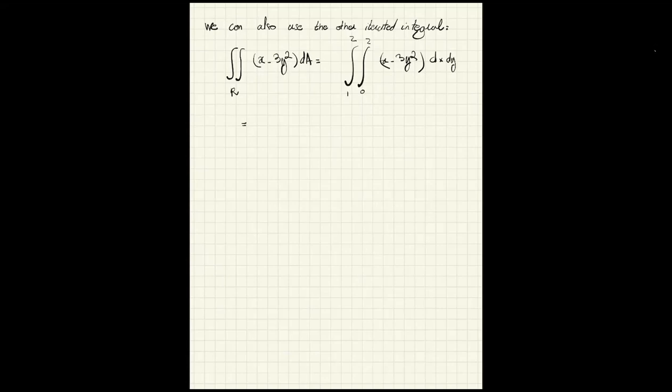It's the integral from 1 to 2, dx. Now y is fixed, so it's 3y squared x minus x squared over 2 between x equal to 2 and x equal to 0, dy. Okay?